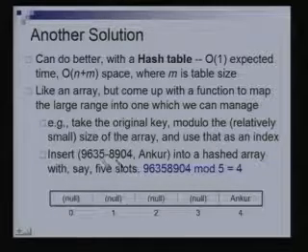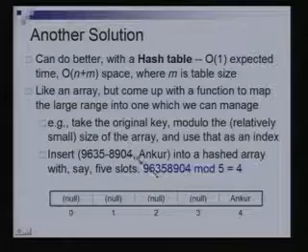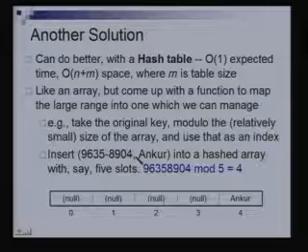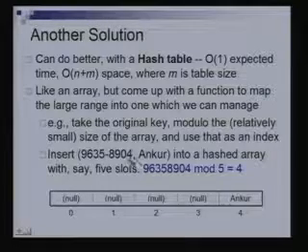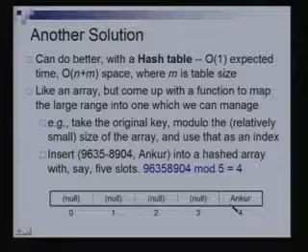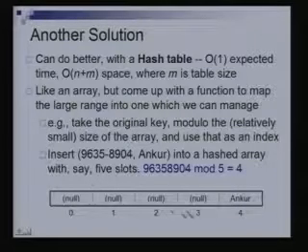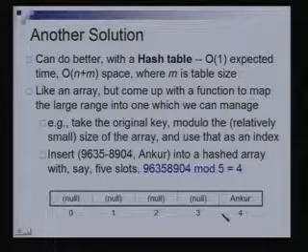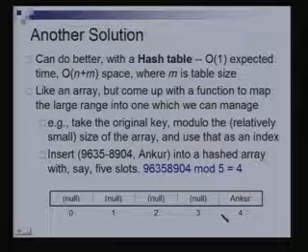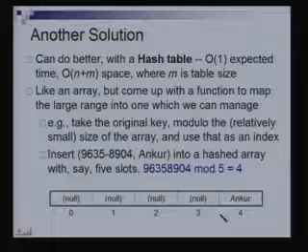When I compute this quantity modulo 5, I get either 0, 1, 2, 3 or 4, and depending upon what I get, I put it there. So, in this particular case, I would get 4. So, I put Ankur at location 4 in my array, right. So, I am not using too much space, and maybe I can still get away with constant time for insertion and delete, and let us see whether we can or whether we cannot do that.